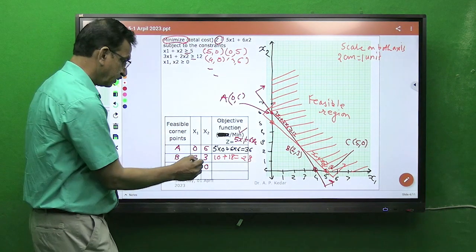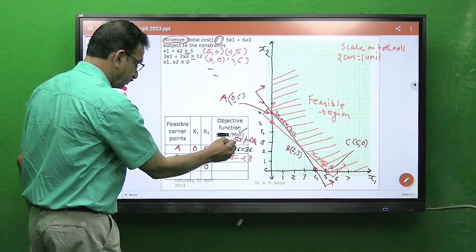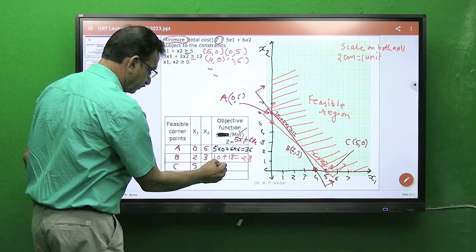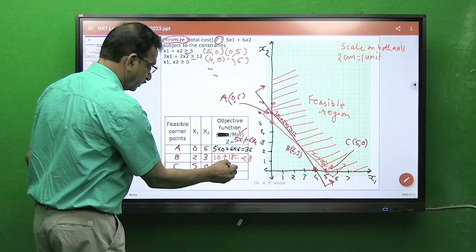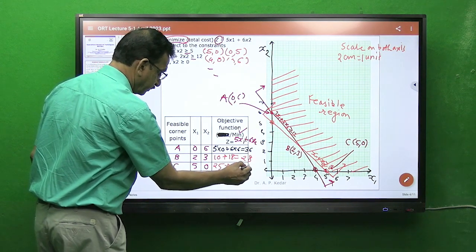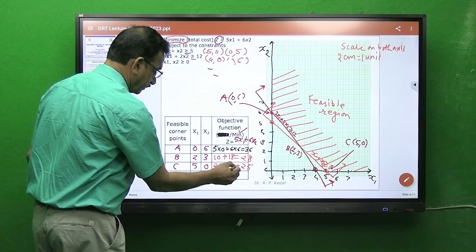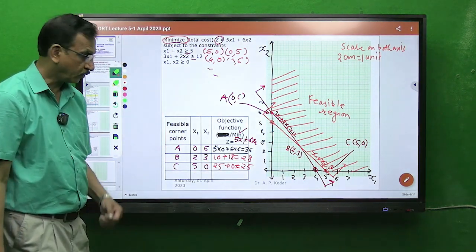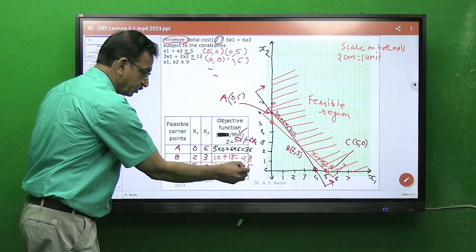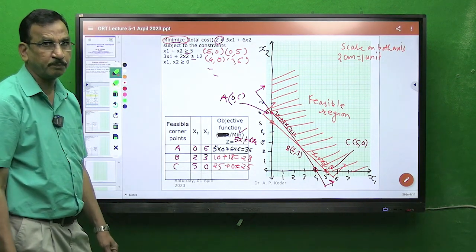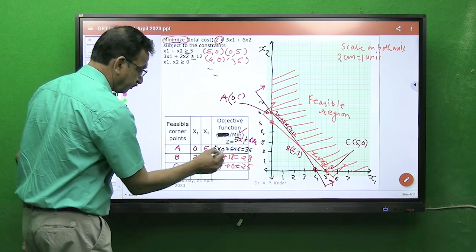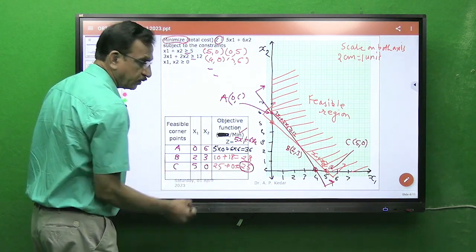And last, 5 5s are 25. 6 into 0 is 0. So 25. So from these values of objective function, all these z values, if we compare, we find minimum value is 25.